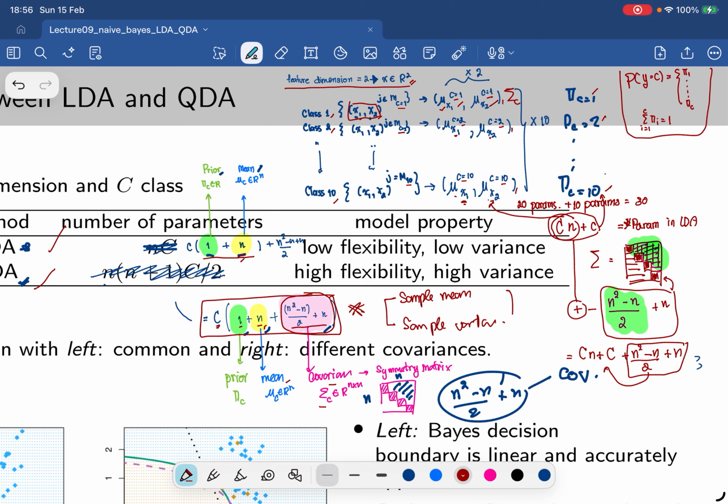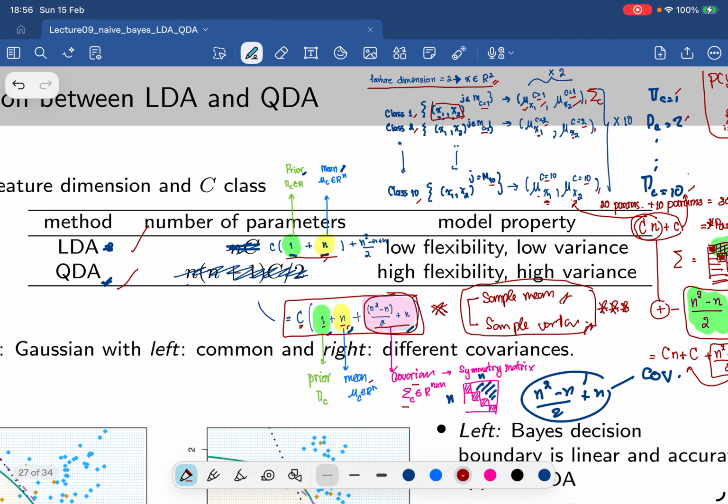So it simplifies a lot of things compared to other machine learning algorithms. You only need these two and plug them in. This just shows you the difference between LDA and QDA. QDA is more complex, but also more flexible because you are allowing the sigma c to be recomputed for each class.